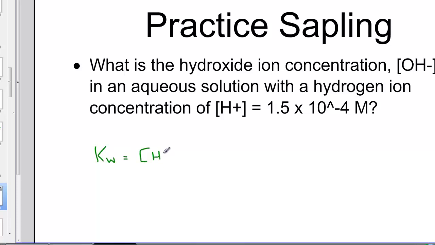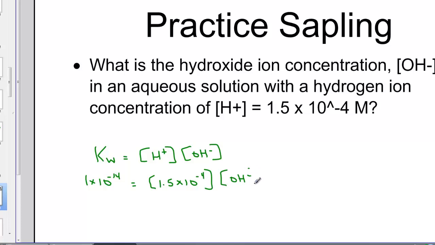We have an ion product constant for water, Kw, and mathematically it is equal to 1 times 10 to the negative 14th. That's the product constant, always the same number. If the concentration of acid is 1.5 times 10 to the negative 4th molar, what is the hydroxide ion concentration, OH negative?